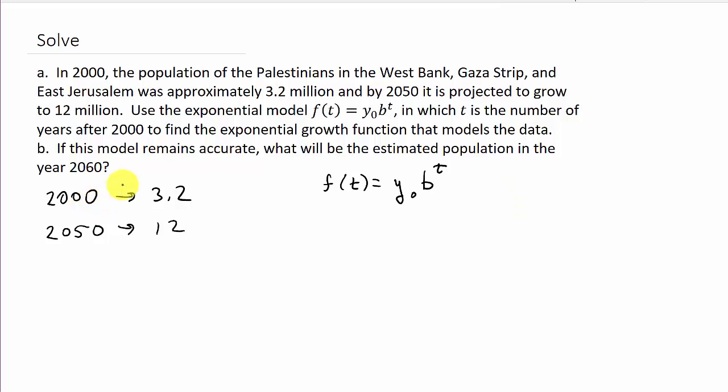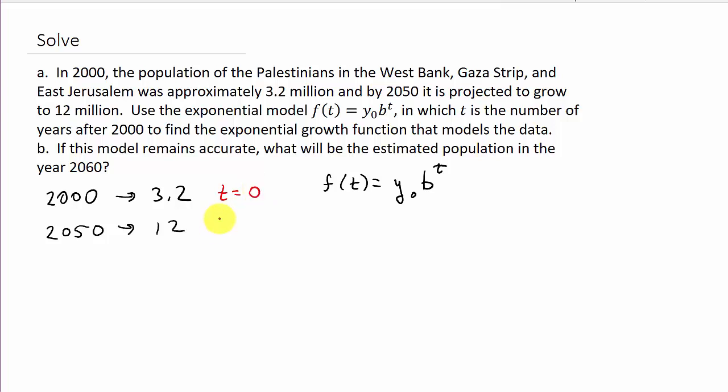So in the year 2000, t is equal to 0. That's the initial year, at time t equals 0, year 2000.